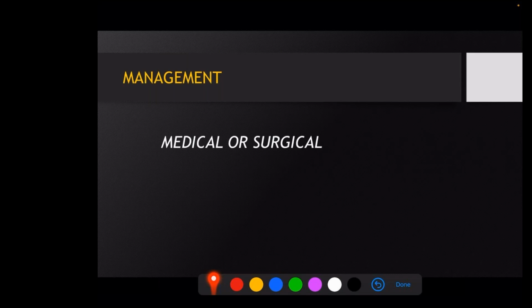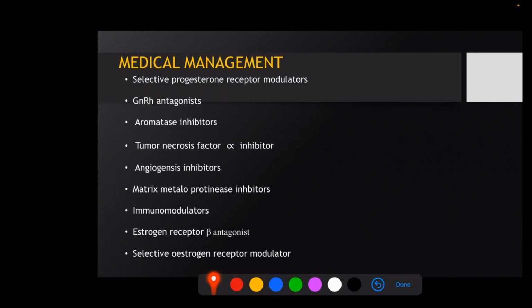Again, the modern management may be medical or surgical. Medical management is by progestogens, combined oral contraceptives, GnRH, etc. Then the most recent medical management principles we have studied: there are several options for medical management in modern medical science, but the new drugs in endometriosis constitute selective progesterone receptor modulators, that is, to regulate by selective progesterone receptors.